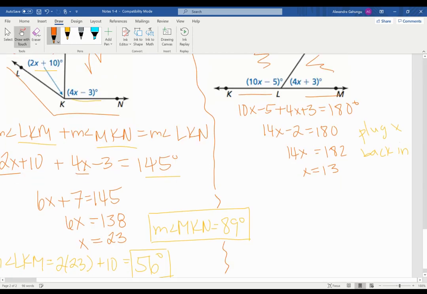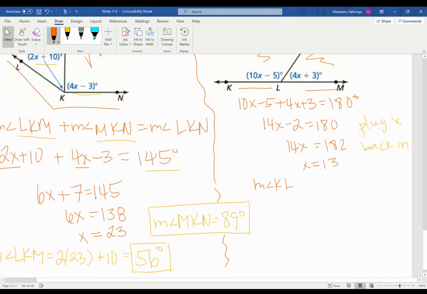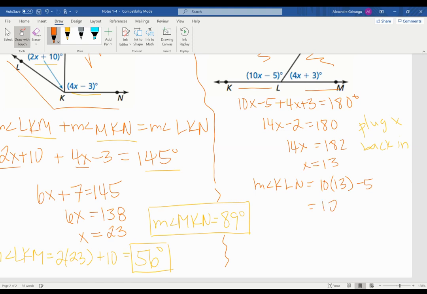I'm going to keep separating this. And the measure of angle KLN equals, and I plug in 13 for x, so it's 10 times 13 minus 5, 130 minus 5, it's 125.